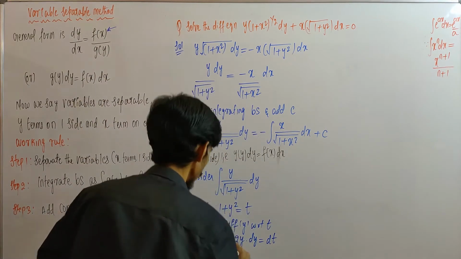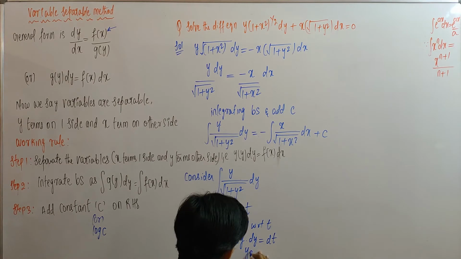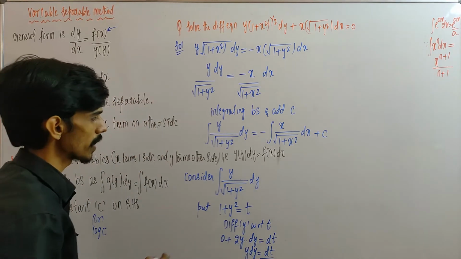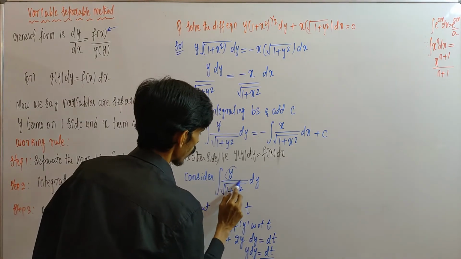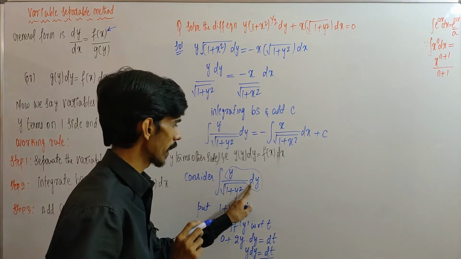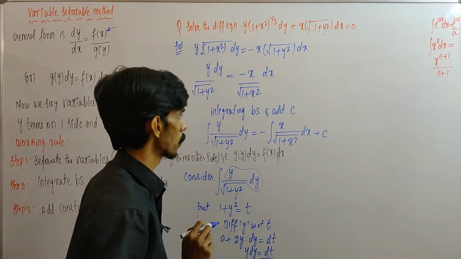Now from here y dy value is dt by 2. Since here I have y dy, this y dy can be replaced by dt by 2.